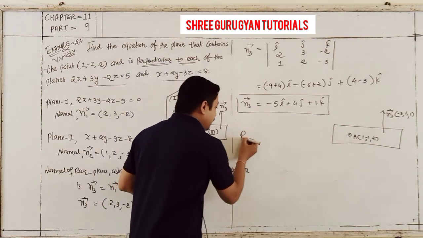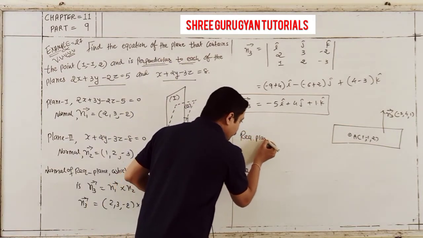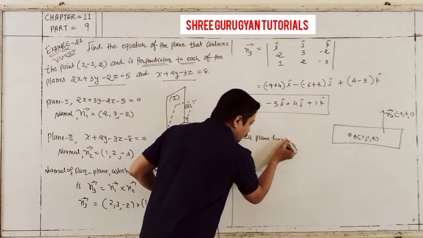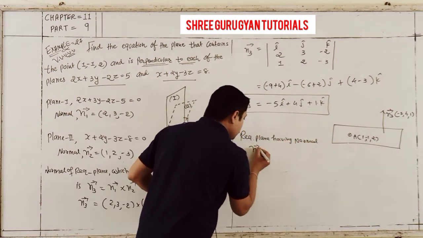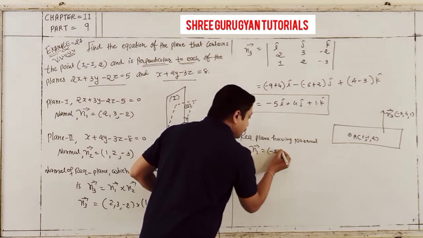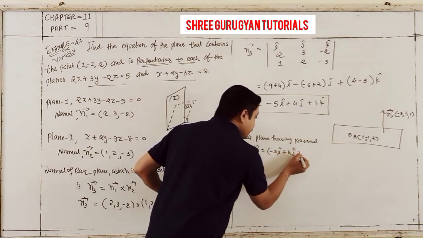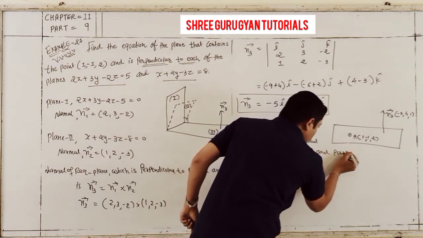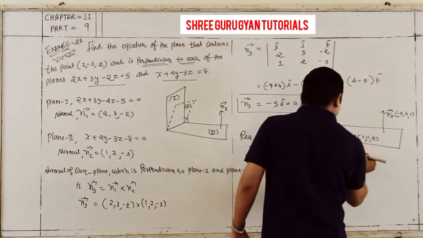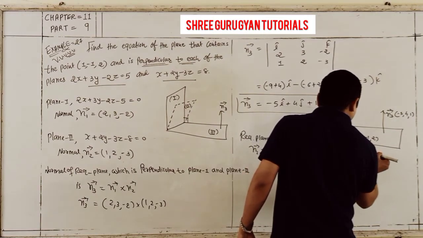So the required plane has normal n3, which is minus 5i, 4j, 1k, and passes through the point 1, minus 1, 2.